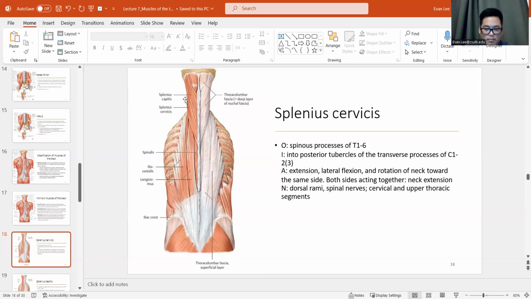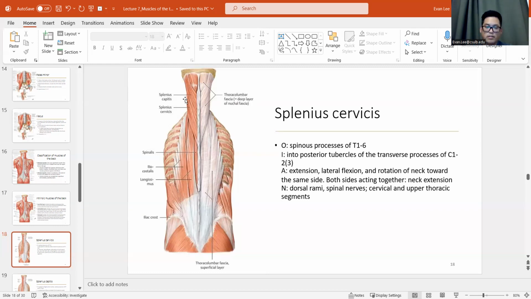Now, being on the back of the neck, this is going to affect the neck. So this will help with extending the neck, laterally flexing the neck, and then when this muscle contracts, it can also rotate the head and neck, which in this case is going to be an ipsilateral rotation. So when this muscle back here contracts, it is going to be your right muscle, and it pulls your head to the right as well.